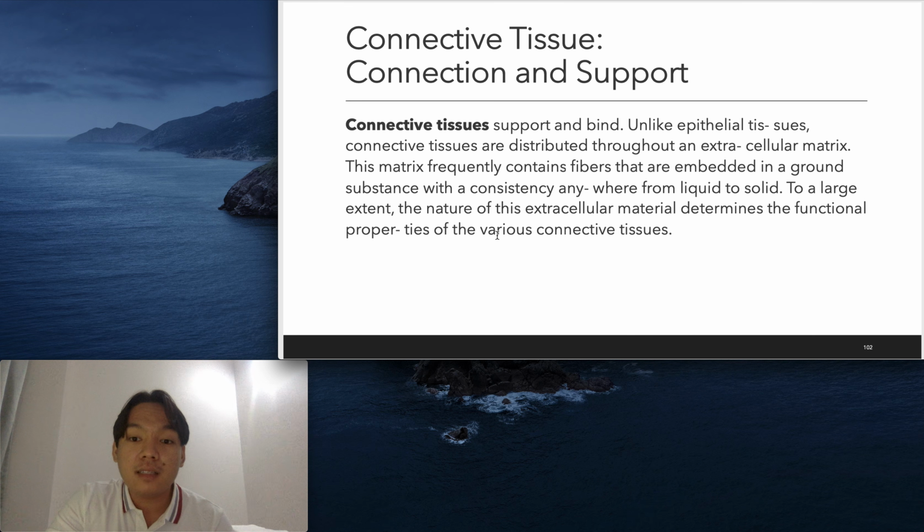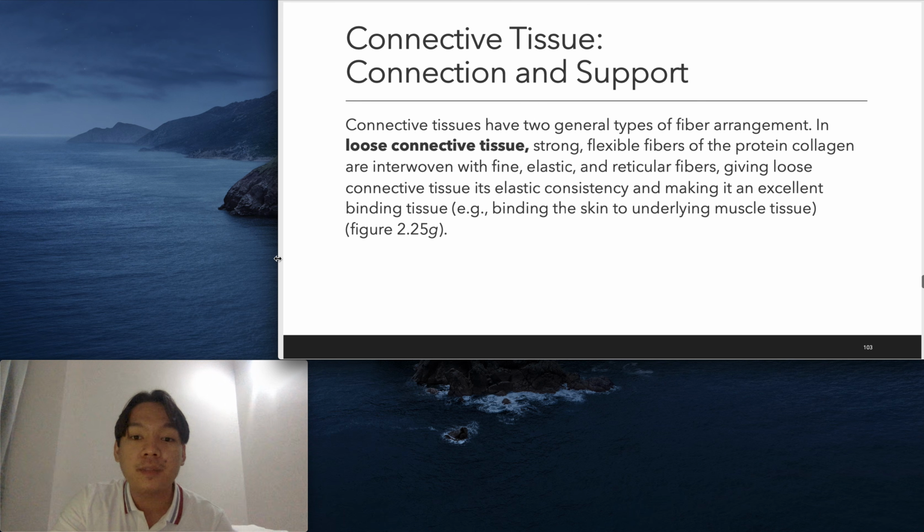So these are the properties of various connective tissues, from the root word to connect, and provide support. So the general types of fiber arrangement in loose connective tissue: we have strong, flexible fibers of the protein collagen, which are interwoven, and reticular fibers, giving loose connective tissue its elastic consistency and making it an excellent binding tissue.